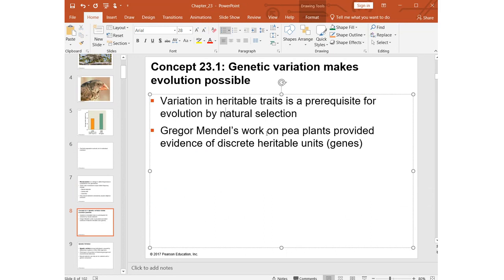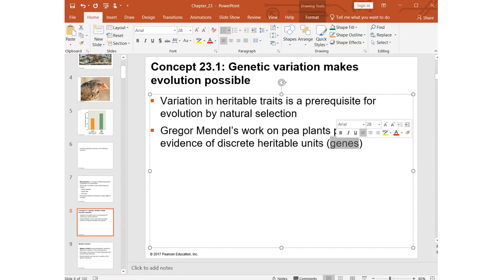Gregor Mendel's work on pea plants provided evidence of discrete heritable units, genes. He provided evidence that there are heritable units or factors, he called them. He didn't actually coin the term gene.